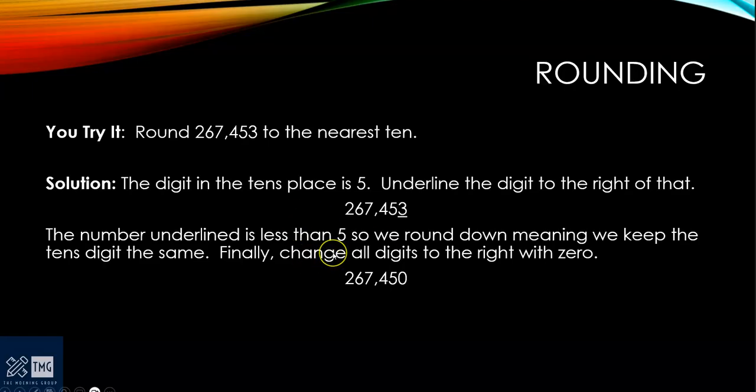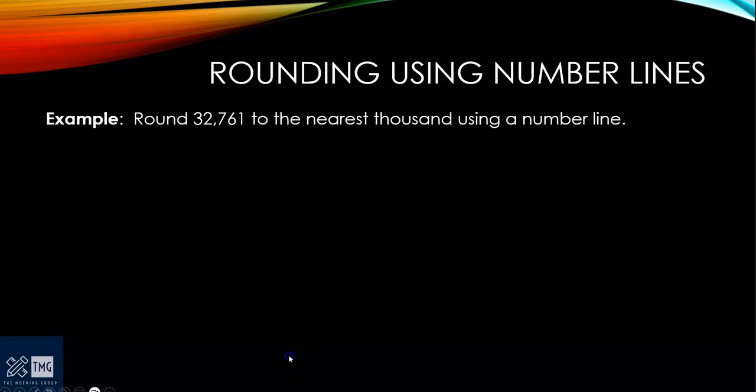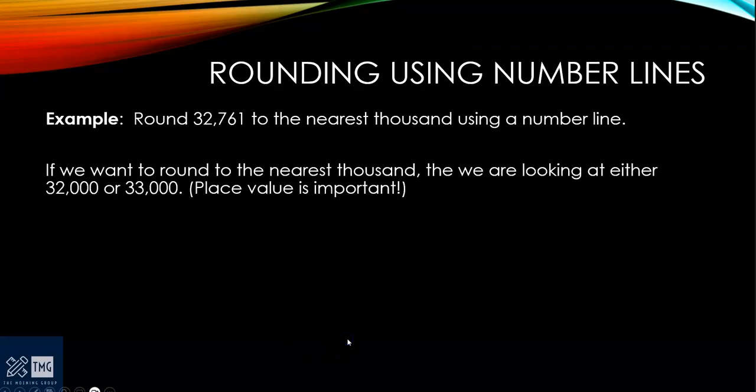Now, if you understand the rules and this is great, you can go on your merry way. Sometimes it's helpful to think about rounding with a number line just to give you a visual. This is kind of an extra thing if you really need a visual. So let's go back to our initial example of 32,761 to the nearest thousand. Now we know what the answer is because we've talked about this already, but think about it from a number line perspective. If we're rounding to the nearest thousand, we know the 2 is in the thousands spot, so we're looking at either 32,000 or 33,000.